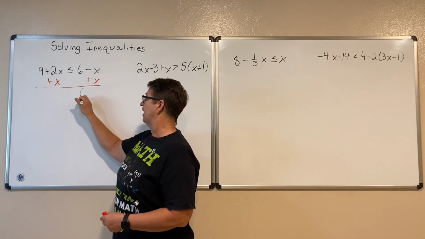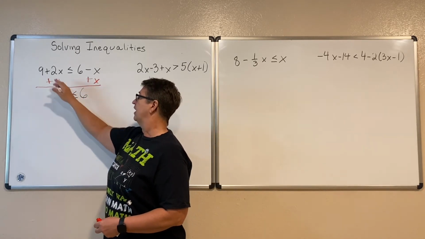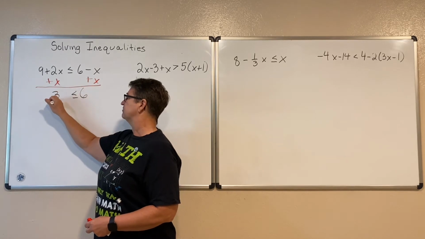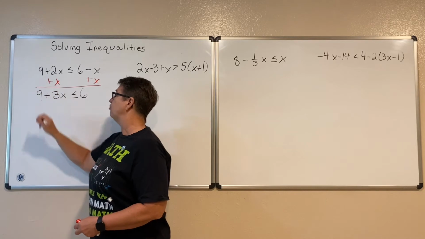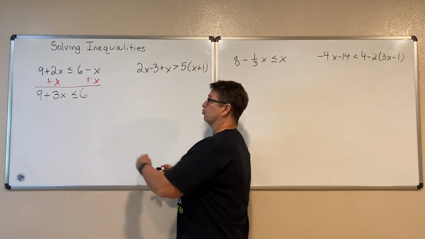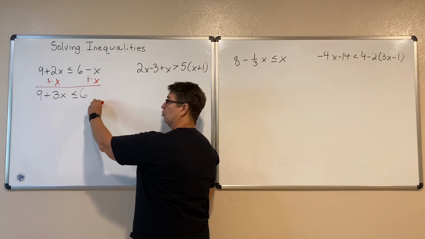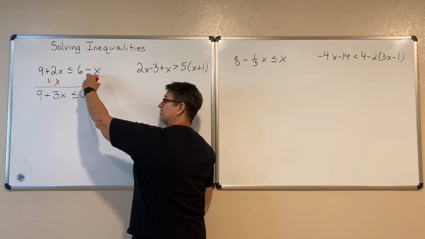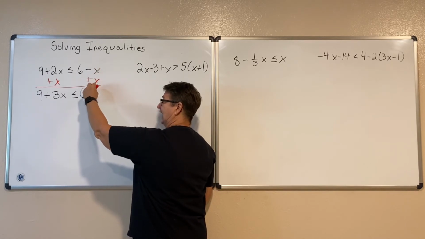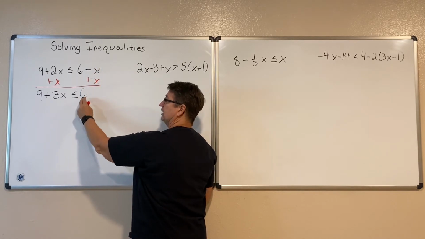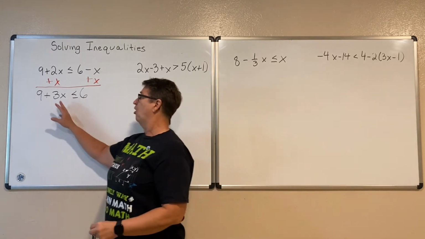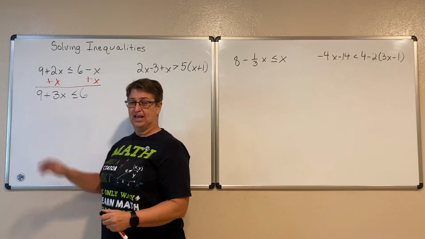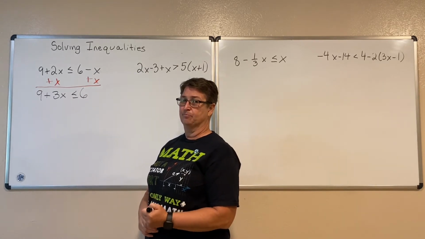Then on the left, I have 3x plus 9. Notice that on the right, the x went away. I made this 0 so that when they added together, it became 0, and 6 plus 0 equals 6. So now all my x's are on the left-hand side of this inequality.